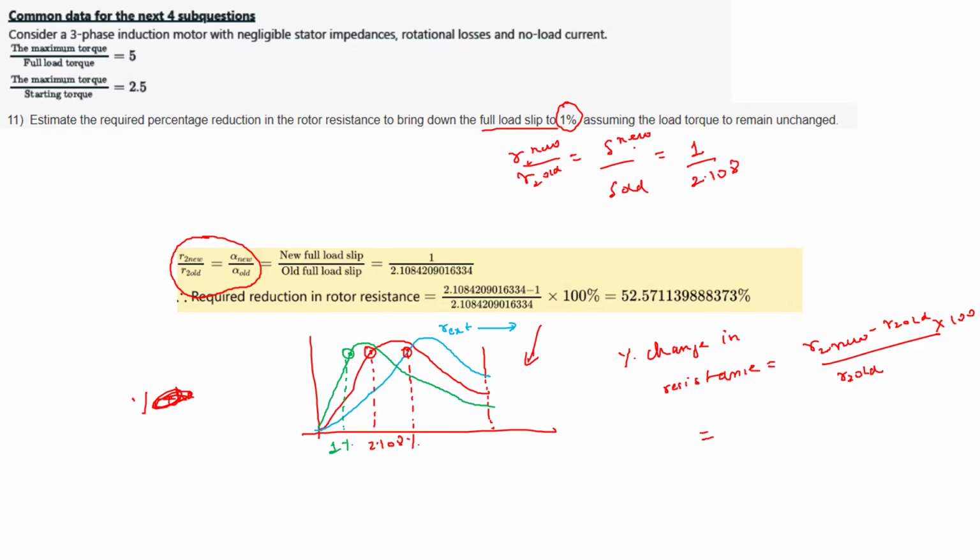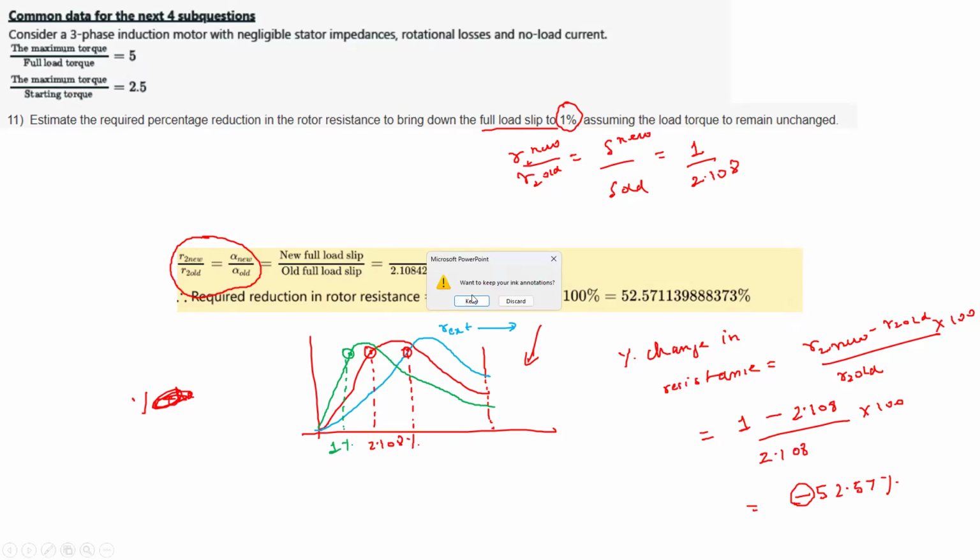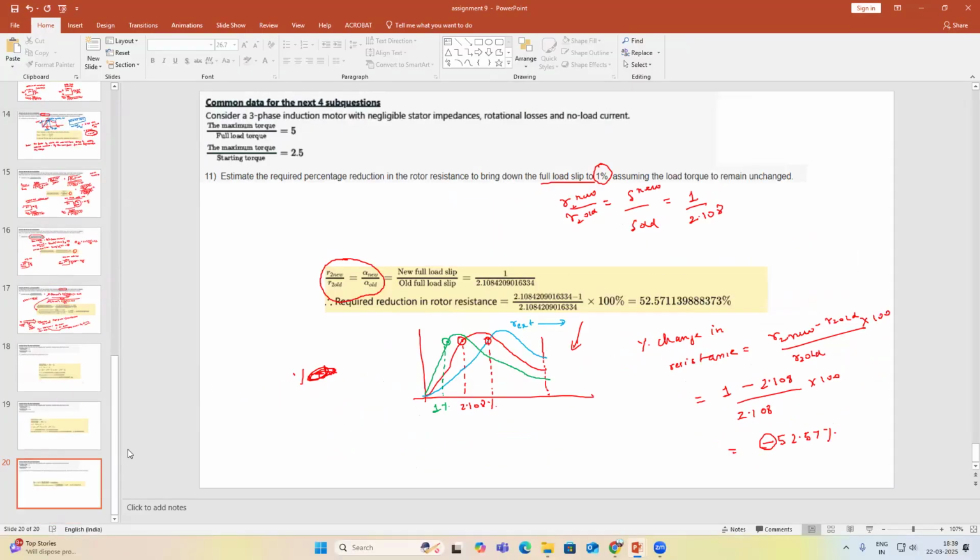It is proportional to S new, so this is 1, minus R2 old, which is proportional to S old, which is 2.108, divided by R2 old, proportional to S old, which is 2.108, into 100%. So you will see that the change is minus 52.57%. Minus means we are reducing. So this is how you can solve this question. This is the last question of this assignment.